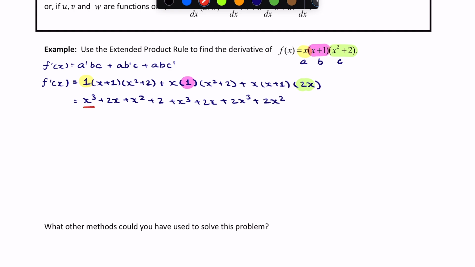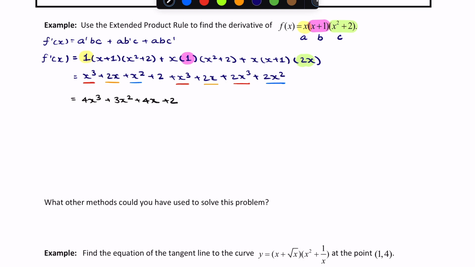We have x cubed and 2x cubed. We have x squared and 2x squared. Here we also have 2x and 2x, and then the plus 2. So you can rewrite it as 4x cubed plus 3x squared plus 4x plus 2 as our final expression using the extended product rule. So f prime of x is equal to 4x cubed plus 3x squared plus 4x plus 2.